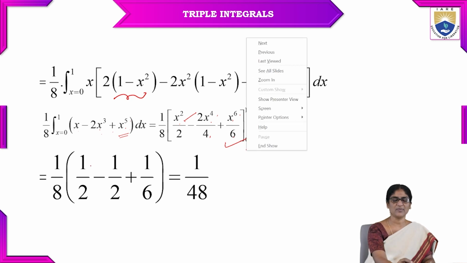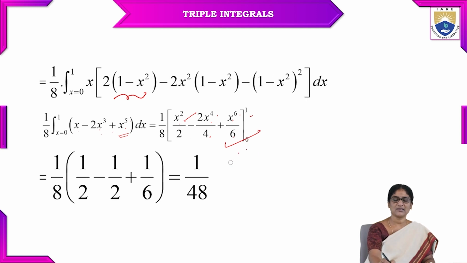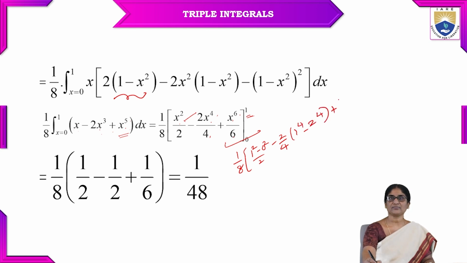So that comes out to be 1 by 2, that is, x is nothing but 1 here, the upper limit. So 1 minus 1 by 8, 1 minus 0, that is 1 square minus 0 square by 2 minus 2 by 4 into 1 to the power of 4 minus 2 to the power of 4 plus 1 to the power of 6 minus 0 to the power of 6, and here of course 0.